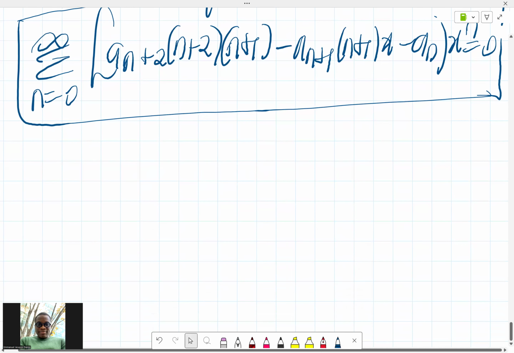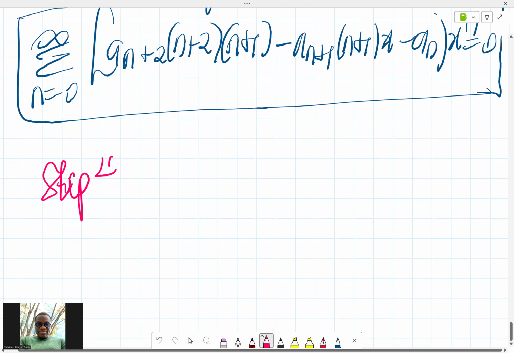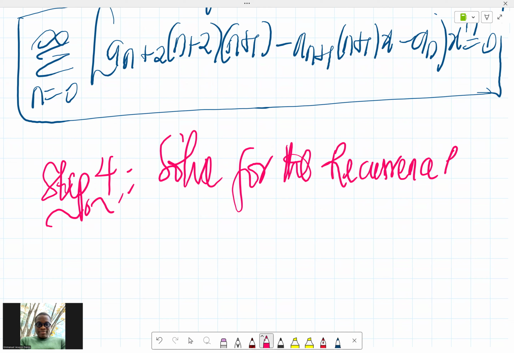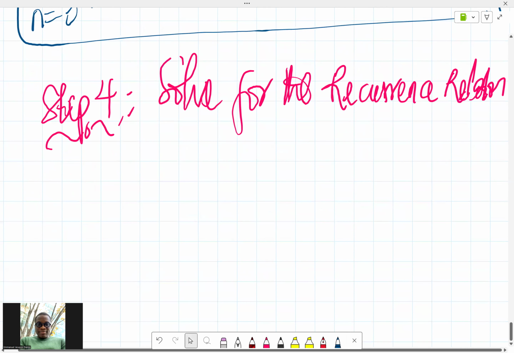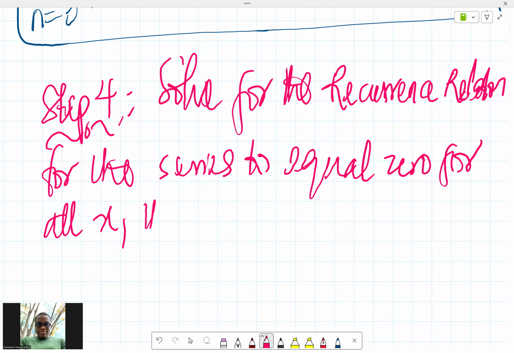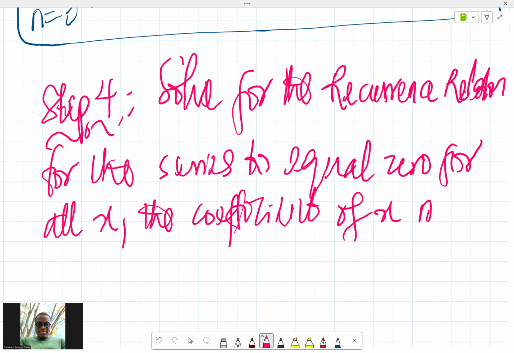After we shifted all the steps, we go for step 4, which is where we solve for the recurrence relation. So to solve for the recurrence relation, you say for the series to equal 0 for all x, the coefficient of x must be 0.